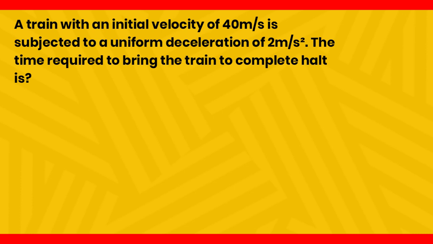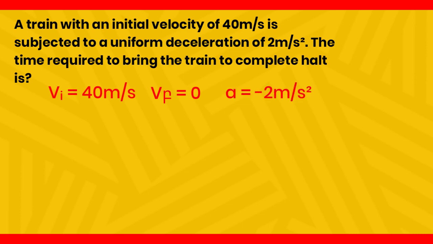The initial velocity of the train is 40 meter per second, and the final velocity is 0. The train was moving at a uniform deceleration of 2 meter per second square.